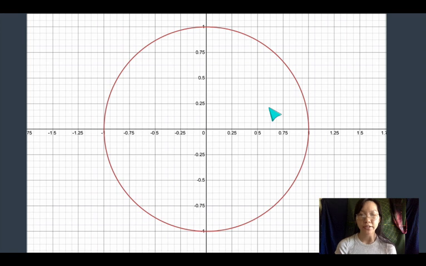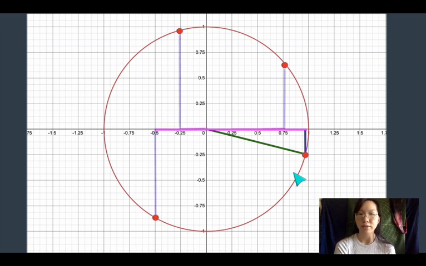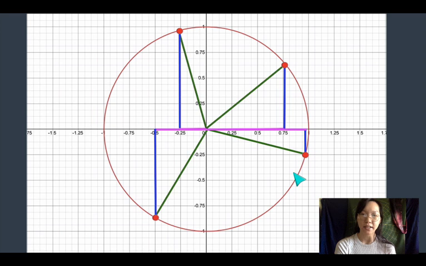Overall, I want you to understand two main things about the unit circle. One, that in any coordinate around the unit circle, you always have an x and a y coordinate. The second thing is, wherever your coordinate is, you can always form a right triangle based off of the x and the y coordinates.